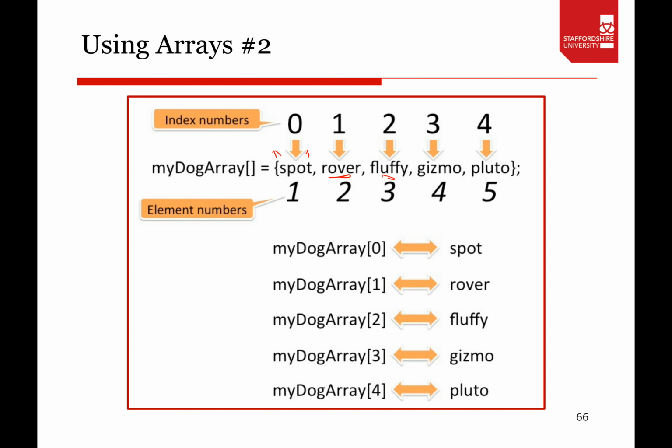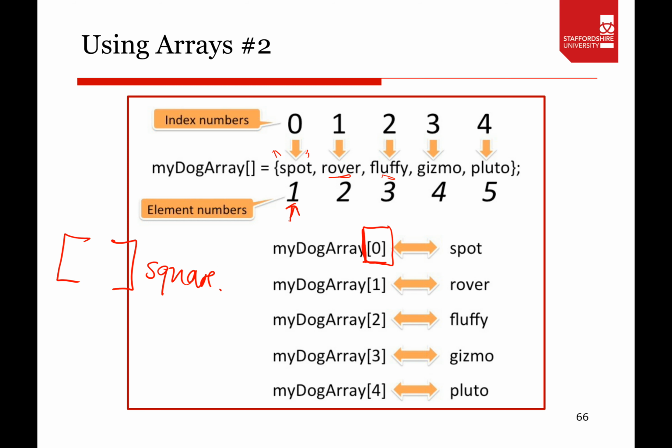The element numbers are 1 to 5, whereas the index numbers are 0 to 4. So this is the first element, but we refer to it as my dog array 0. Note the square brackets this time. Square brackets are important. So with arrays, it's square brackets.